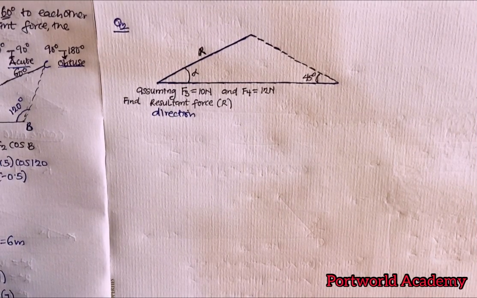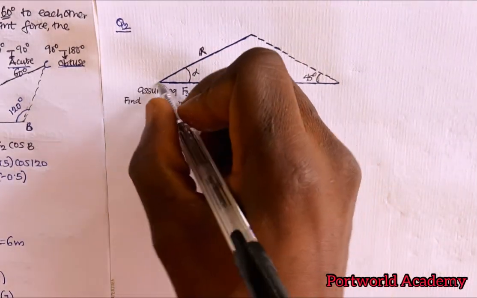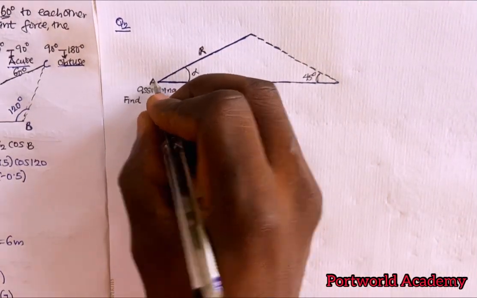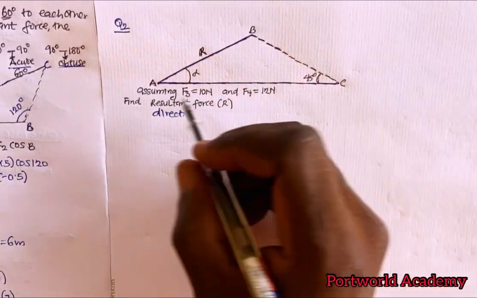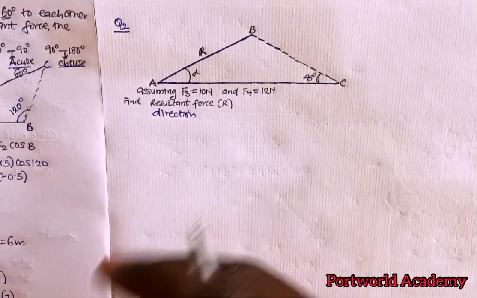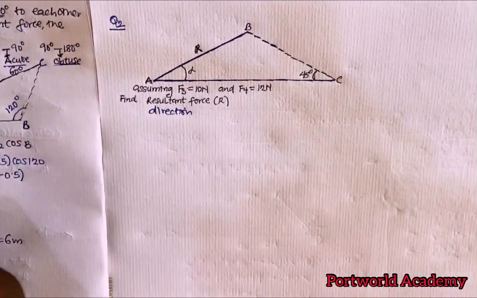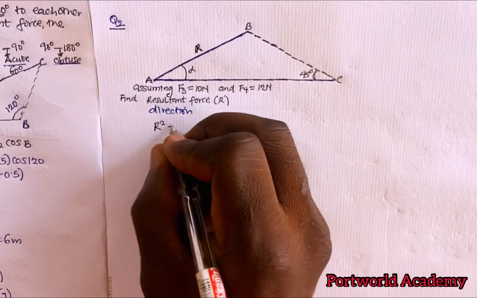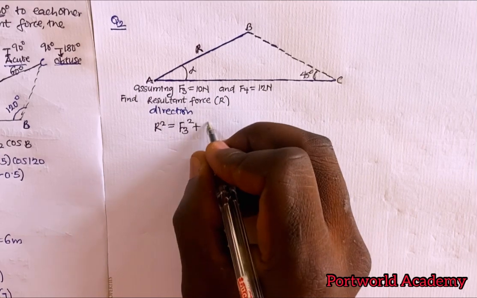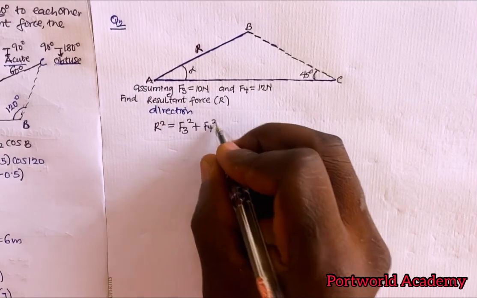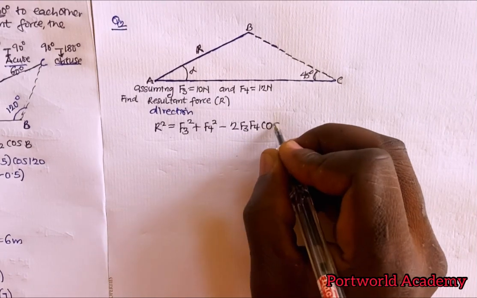What we are going to do is assume this side to be A, call this side B, and call this side C, right? Here we are asked to calculate the resultant force. We still go ahead and use our cosine rule, which says R squared equals F3 squared plus F4 squared, then minus 2 F3 F4 cos what?